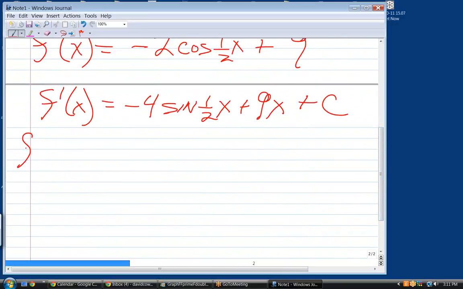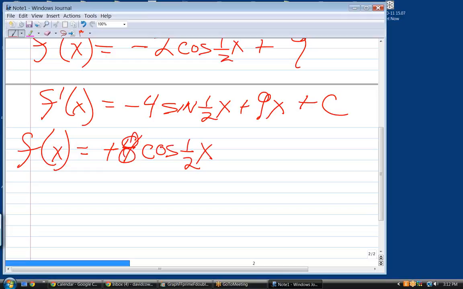Well, let's figure out what f of x is. Start with that. It's got to be cosine, which changes that to a plus. Multiplied by 2, which changes that to an 8. You with me? Yep. What's the antiderivative of 9x?